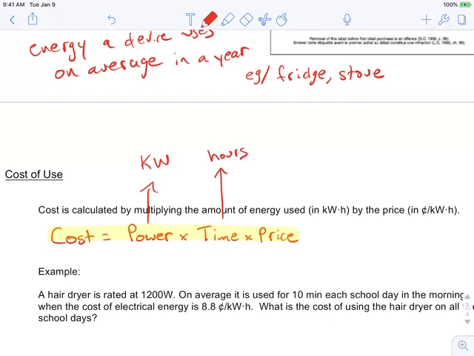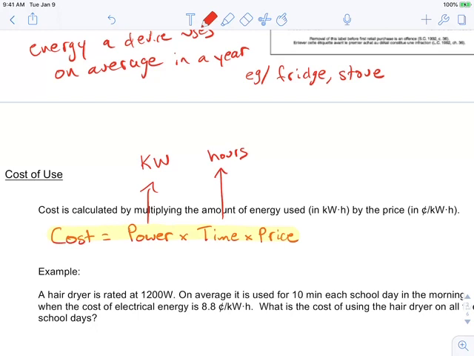So if I give it to you in minutes, you need to figure out how many hours is 120 minutes. You'd be able to change it into 2 hours and then use it in the formula. And then our price is either going to be in dollars or cents. It doesn't matter. If I give you the price in dollars, your final answer is obviously going to be in dollars. If I give you your price in cents, your final answer is going to be in cents.